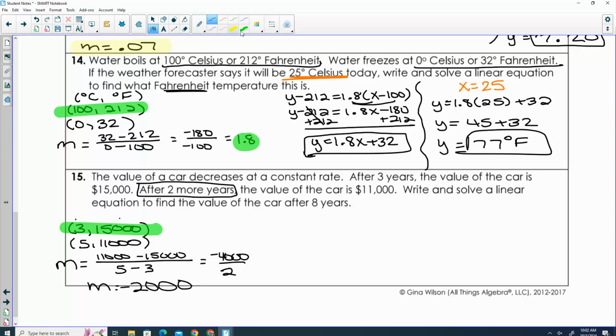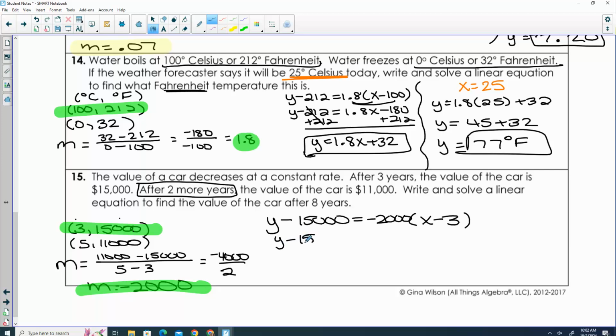So now we have our slope. And we have a point. So what do we plug it into? Y minus the y value, 15,000, equals our m, negative 2,000, times x minus the x, which was 3.